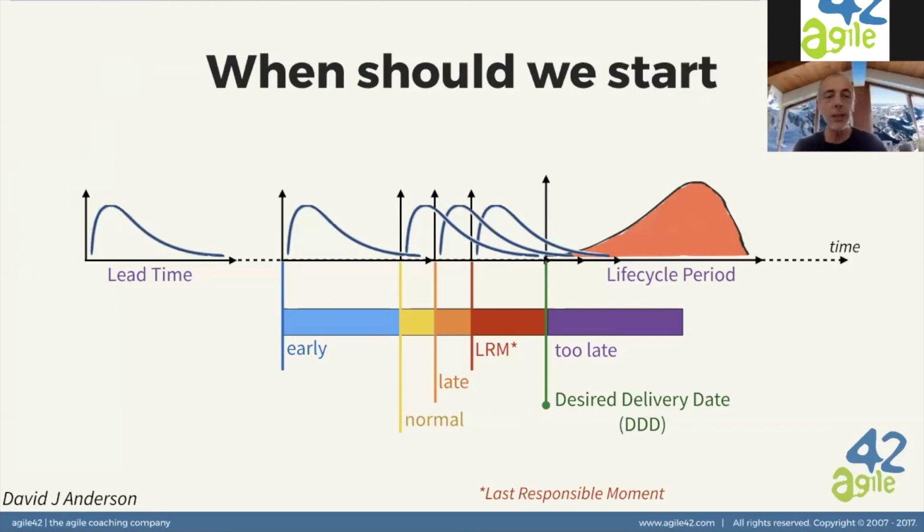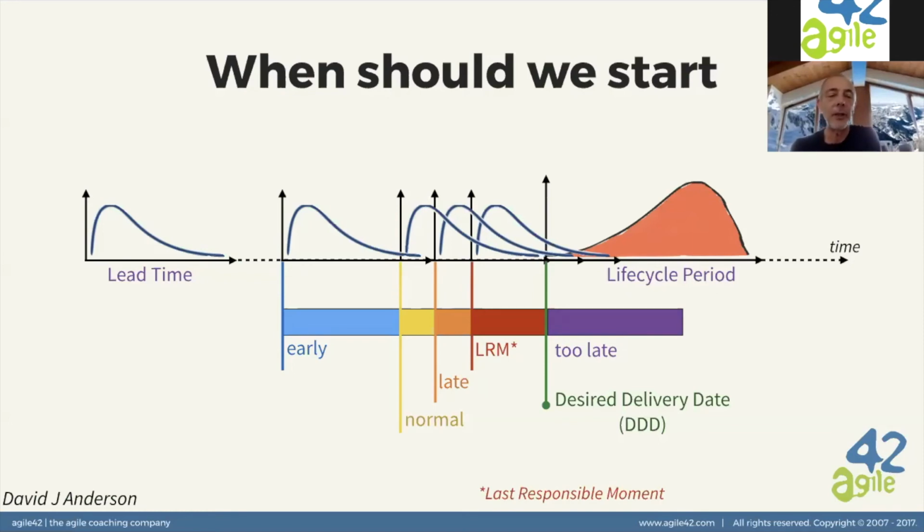Once we know the lead time distribution on one side and the life cycle period on the right side, suppose we have a desired delivery date. Here you see the green vertical line. And then we can decide when to start.